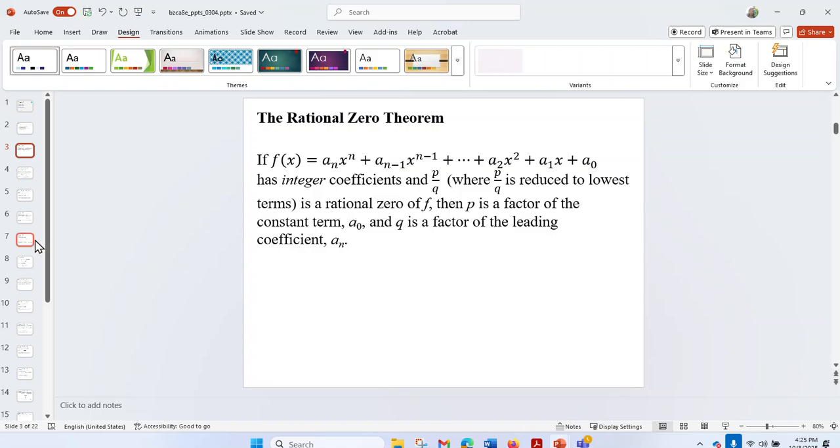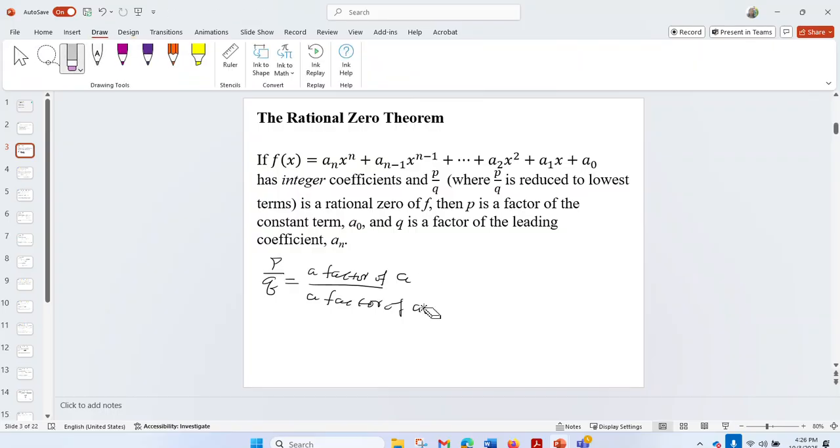P over Q is a factor of A sub 0 over a factor of A sub n.